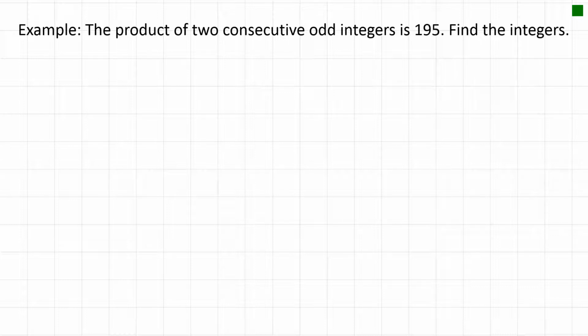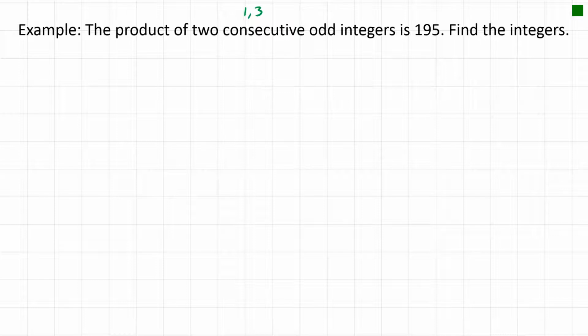So we're just going to go through these steps that we talked about. Step 1 is to read the problem, which we just did, and make sure we understand it. One key idea that we have to understand is two consecutive odd integers. So we have two numbers and they're consecutive. An example of consecutive odd integers would be 1 and 3, because 3 is the next odd integer to come after 1.